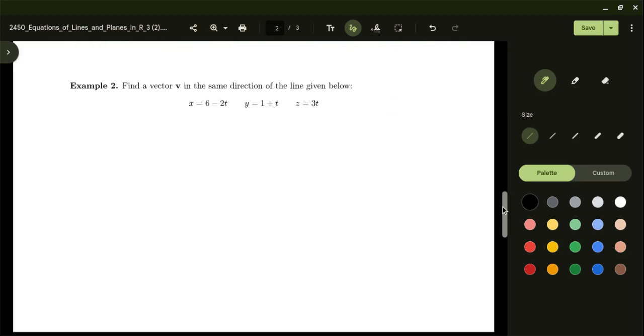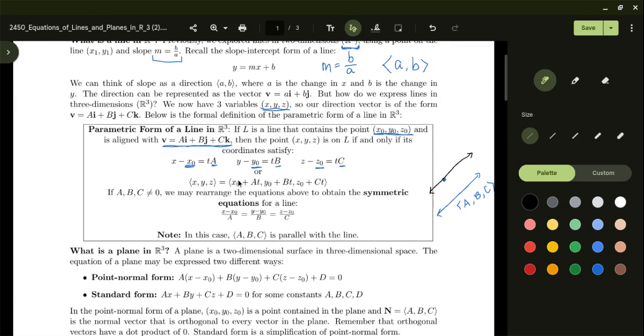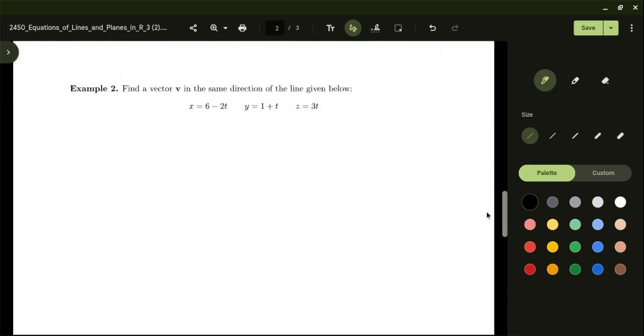All right, let's now look at, here we're given the parametric equations of a line, and we're asked to find the vector v that's in the same direction of this line. And so remember, in order to find that, if you think back to our parametric definition here, that's going to be the coefficients of our t in each of our equations. So if we look here for x, we have a negative 2t.